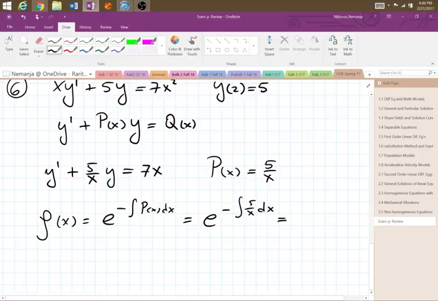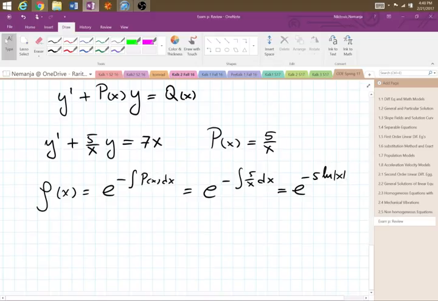Now we all know that, what's the integral of 5 over x? ln. So we have e to the negative 5 ln x. And now this negative 5 will be the exponent of x.